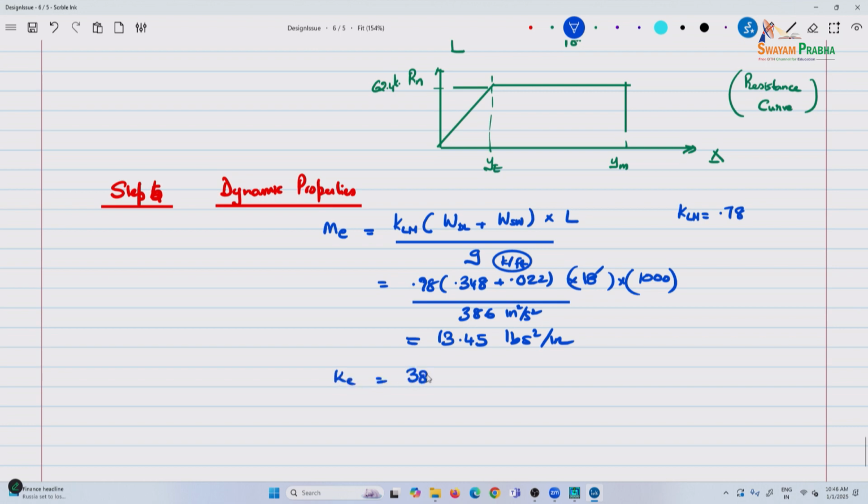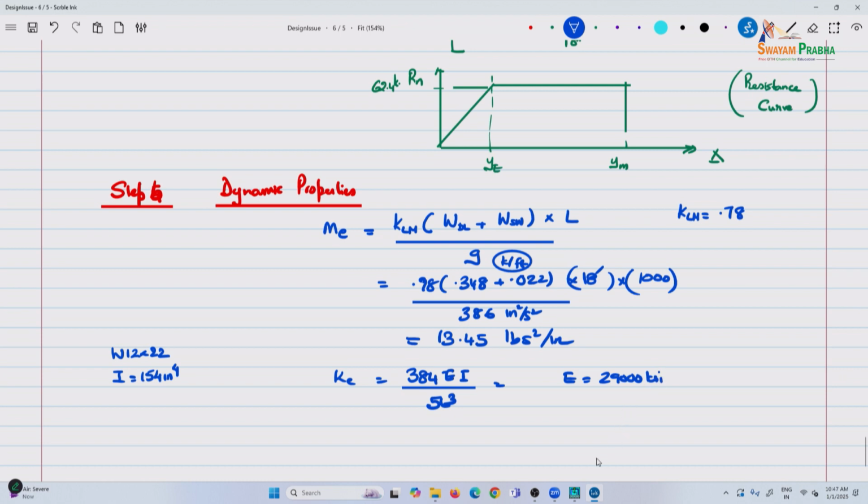KE is 384 EI by 5L cubed, and for a W12x22, I is 154. E is 29,000, and so E is 29,000 ksi.